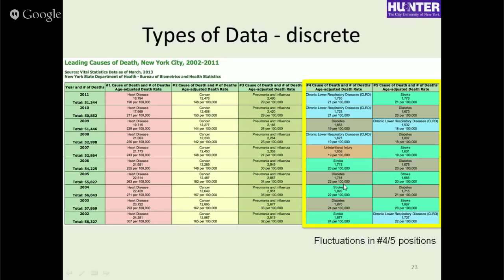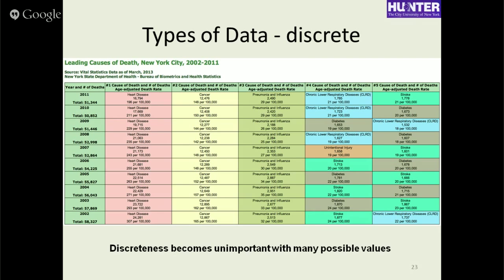If you were to think of 1 year as being a sample of all of the victims of these diseases over a large amount of time, being the population, then you would have sampling variation from year to year, just due to the people who happened to be around that year and to random events. And again, discreteness becomes really unimportant when you have a lot of possible values, like thousands of deaths.